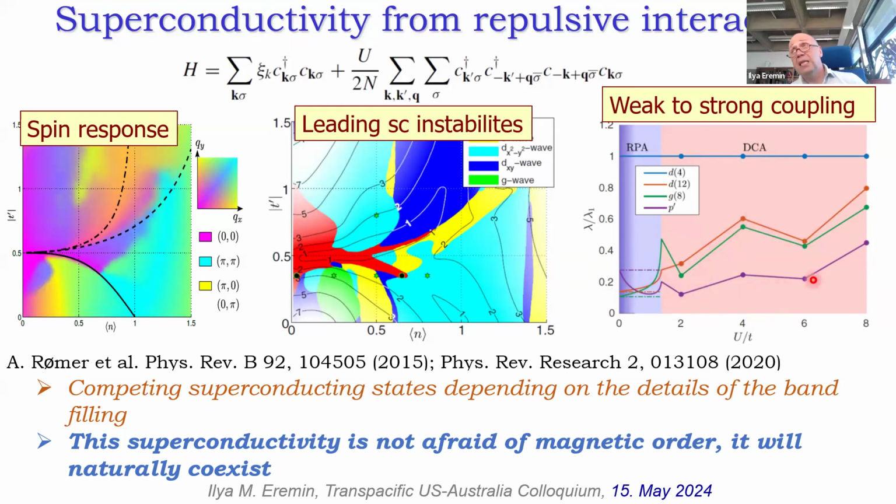That means that despite all of this complication in the system, and in fact in the dynamical cluster approximation you don't have well-defined quasiparticles because you can also get a pseudogap, nevertheless the tendency towards the Cooper pair bound state with dx² minus y² symmetry is a universal phenomenon, independent of the strength of the interaction.